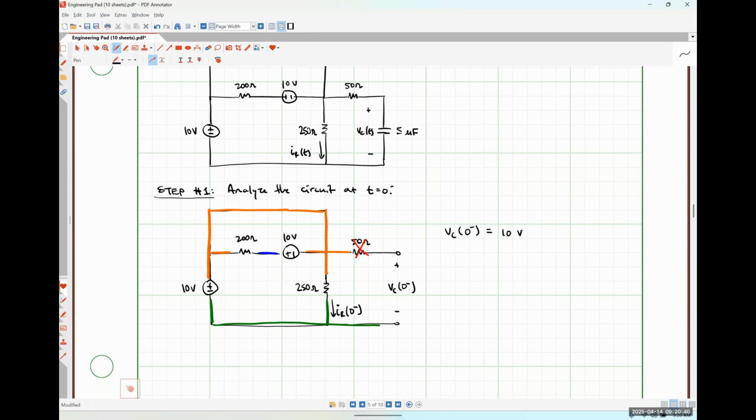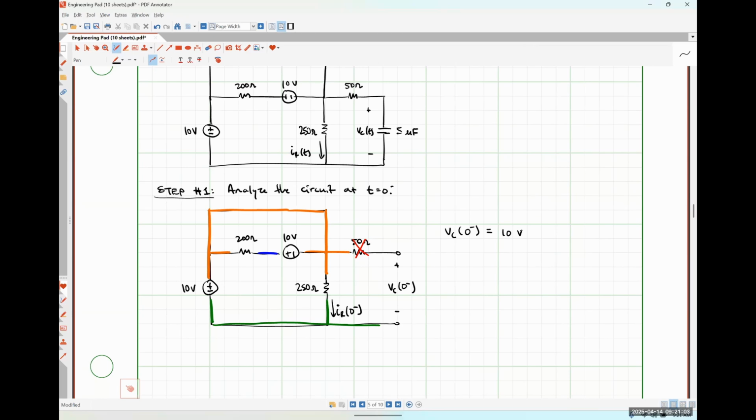Anybody have any questions, comments, or concerns about that? Yes. So the 10-volt source in the top middle is between the blue node and the orange node.